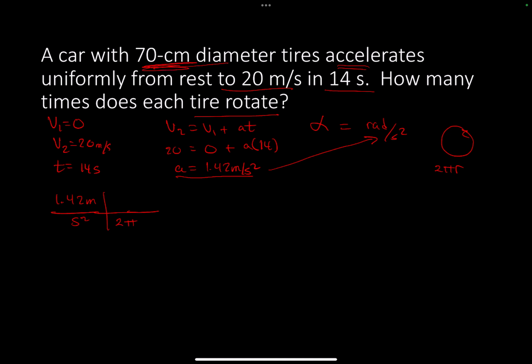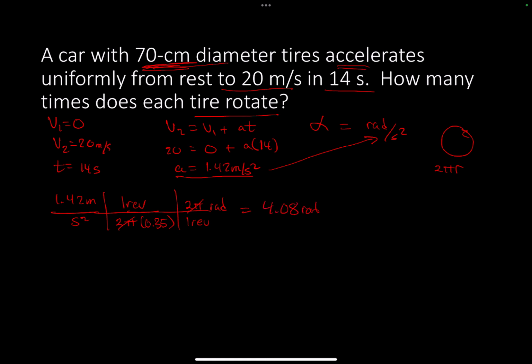That's how many meters are in a circle, per 1 revolution. And then 1 revolution is equal to 2 pi radians. You might notice here that the 2 pi's cancel. So I'm going to take 1.42 divided by 0.35, and I get 4.08 radians per second squared.